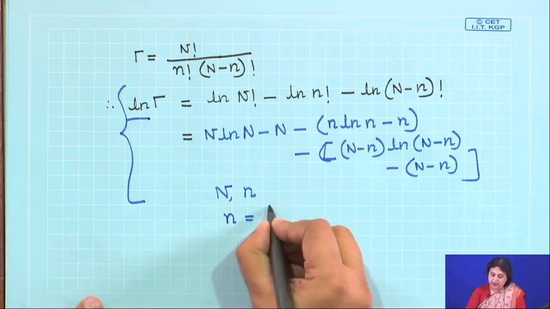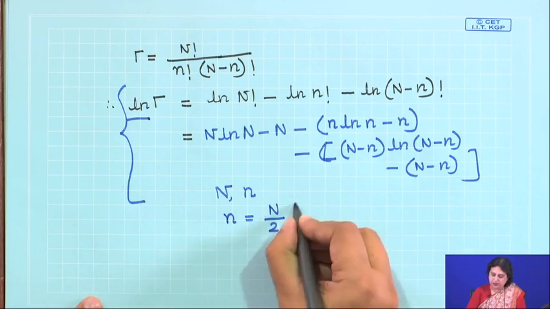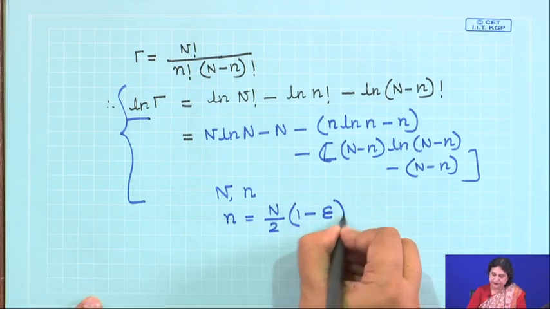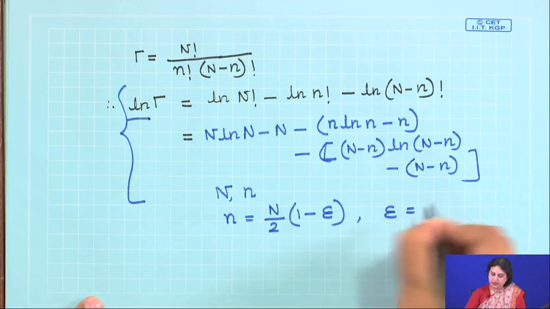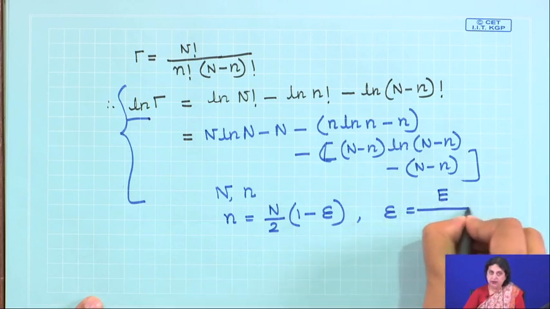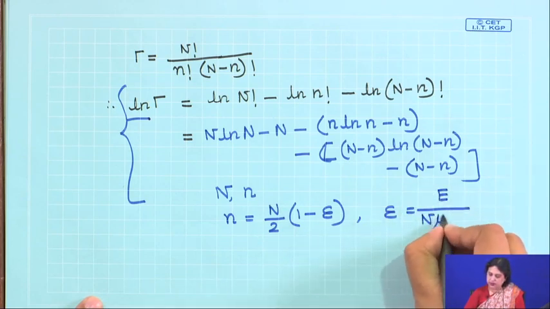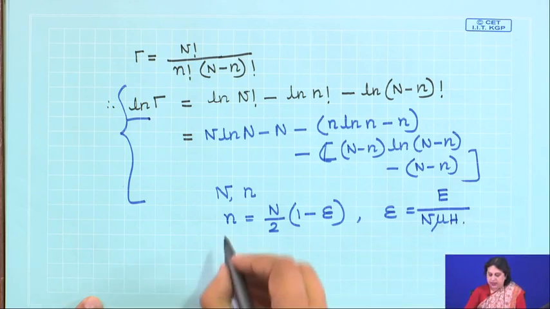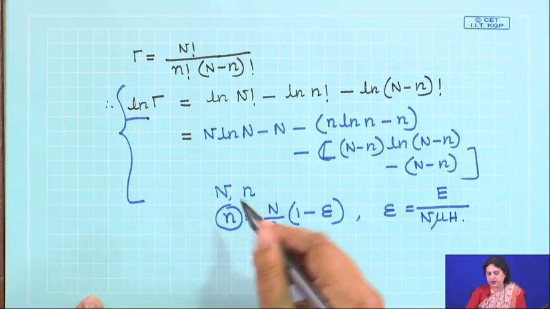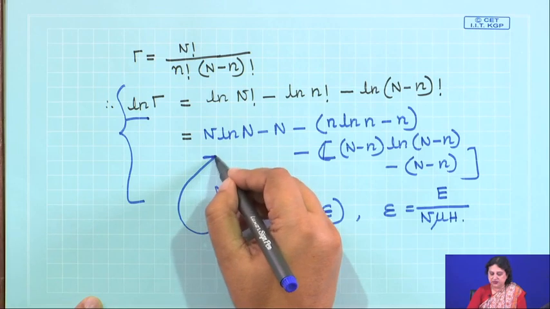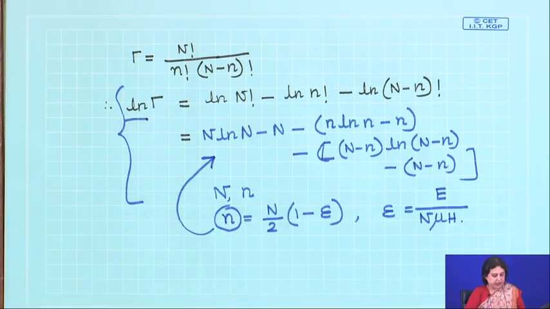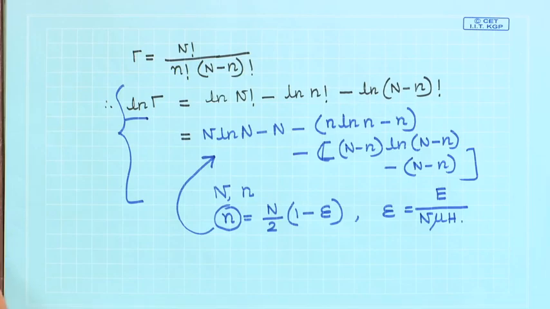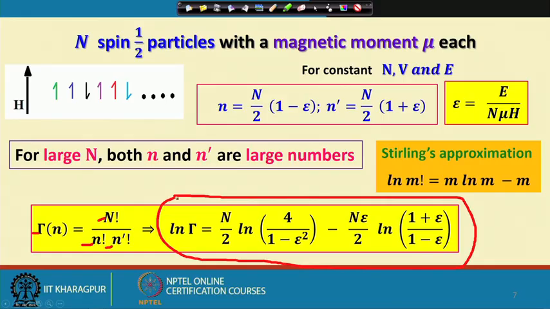Small n is given by capital N by 2 times (1 minus epsilon), where epsilon is equal to capital E divided by capital N mu h. And you can put this expression of n back into this expression, and what you get is a very nice expression giving us what ln gamma is in terms of capital N and epsilon.